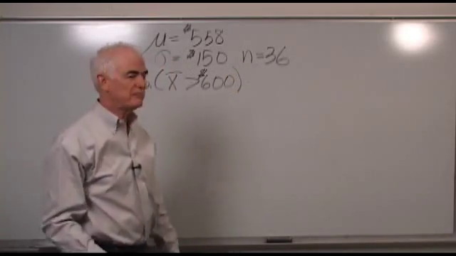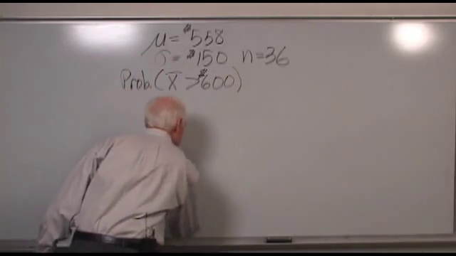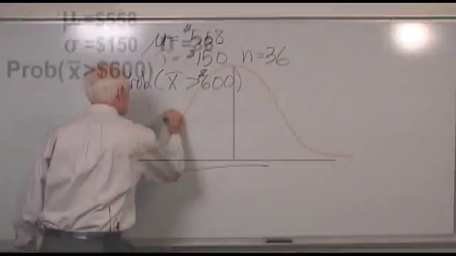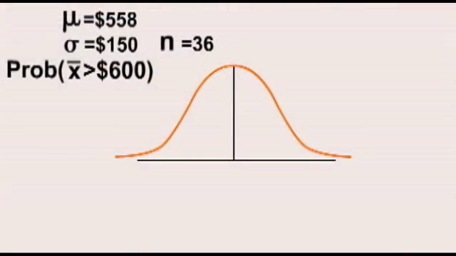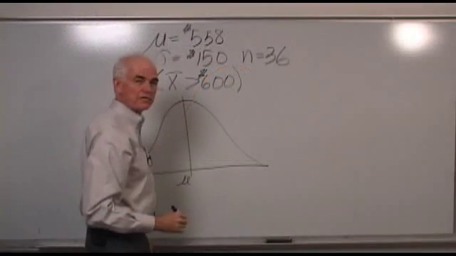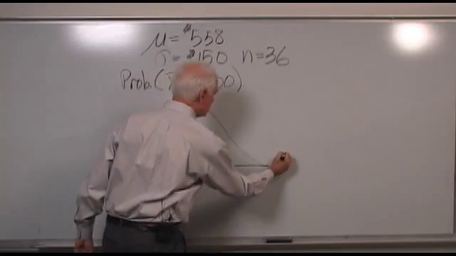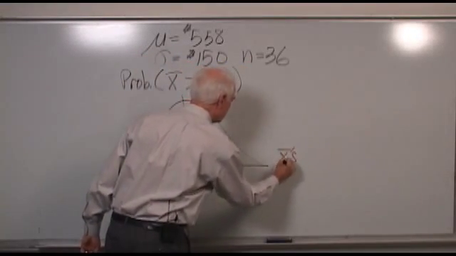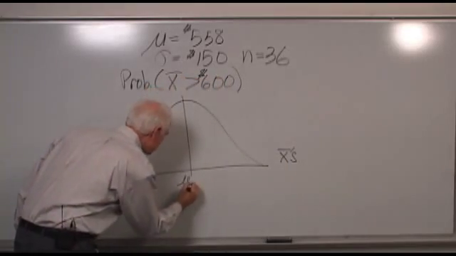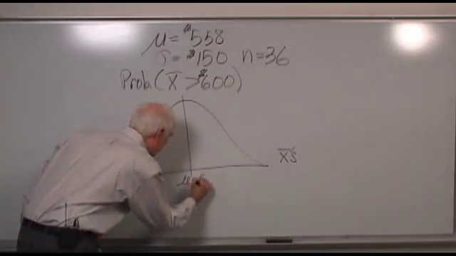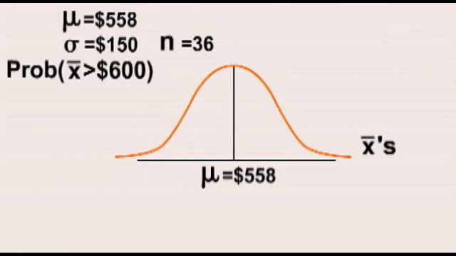First, let's sketch it out by drawing a normal curve and see what we're looking at in terms of the probability. Sample means, we know from the Central Limit Theorem, are approximately normally distributed. The mean of the means is mu, in this case $558.